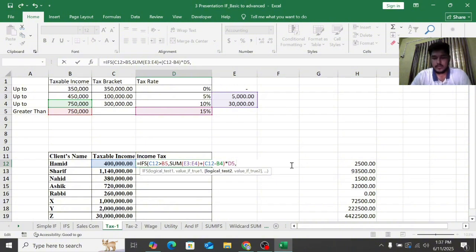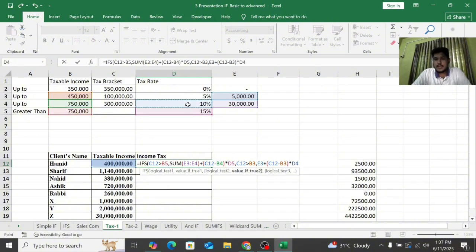If our taxable income is more than 4,50,000, our condition will be 5,000 plus taxable income minus 4,50,000 into 10%.